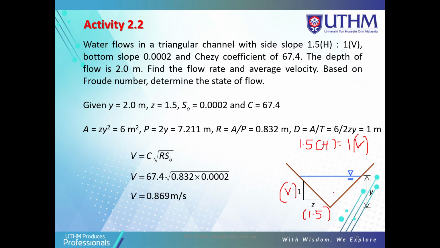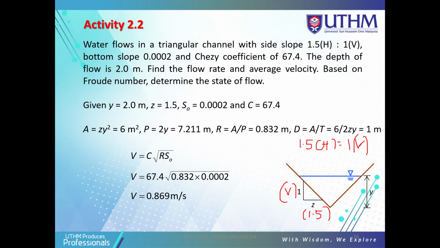So if the z is not given as a value, but it's mentioned in this text, you must read your question properly. So you can find that the z is 1.5 here, because 1.5 is for horizontal and the vertical is 1.